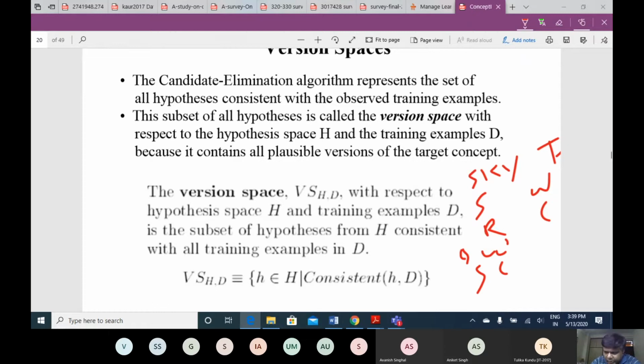Then we can replace each one of them by a question mark. So how many possible hypotheses? Question mark W, this is one, question mark C, this is another. S question mark, this is another hypothesis. R question mark, this is another hypothesis.